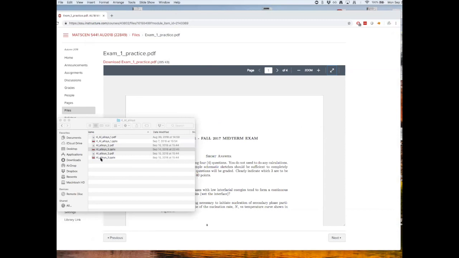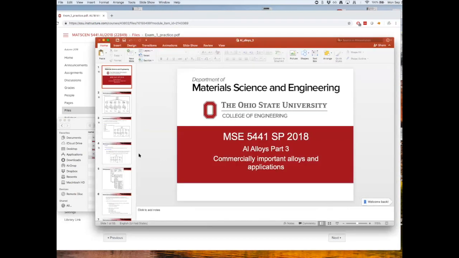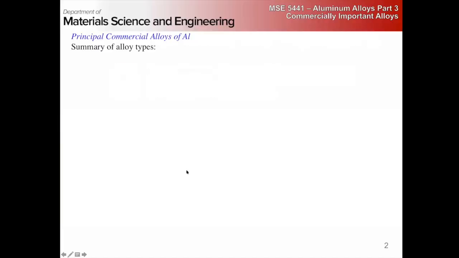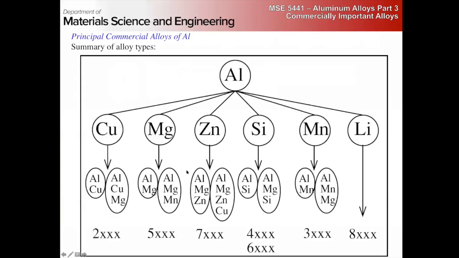And the last part was on specific alloy systems, and this chunk is the least important in terms of memorization and understanding. But you should know, at least jot down on your sheet the details or the nomenclature.